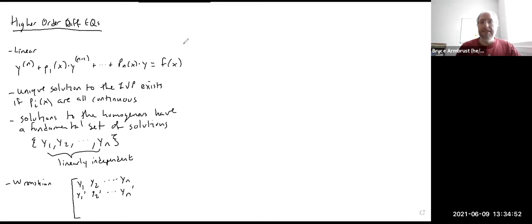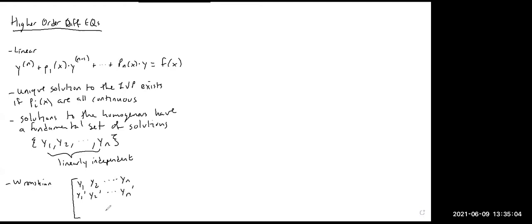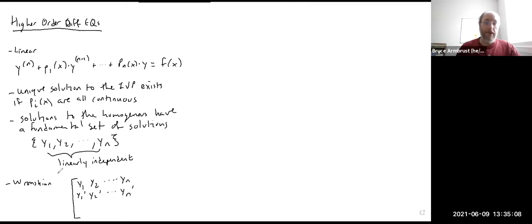But this matrix needs to be square, so we're going to end up needing n rows as well. How do you think we're going to make the next row? Second derivative, right, and then third derivative and fourth derivative, until eventually we get to the n-1 derivatives.